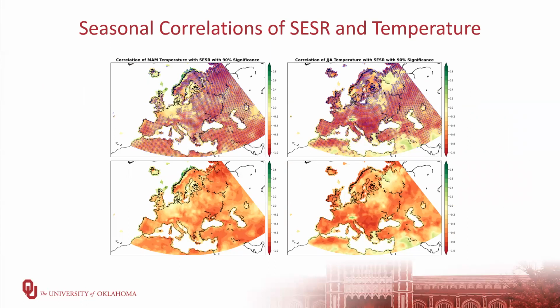Lower values of SESR represent higher evaporative demand because it is the standardized ratio of ET to PET, meaning that lower values indicate higher levels of potential evapotranspiration. The top plots have an overlay of the grid points where the t-scores show significance at over 90%. And as we can see in both seasons, spring and summer, this relationship proves to be extremely strong for the entire continent.